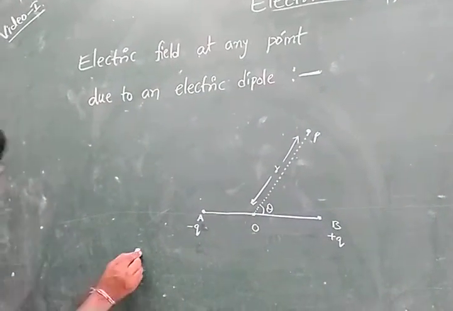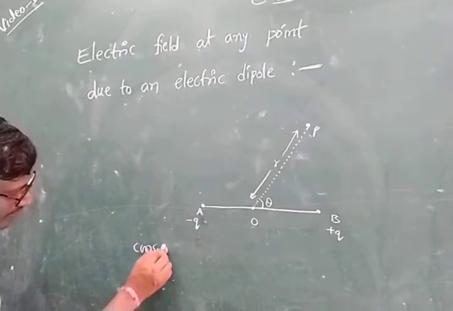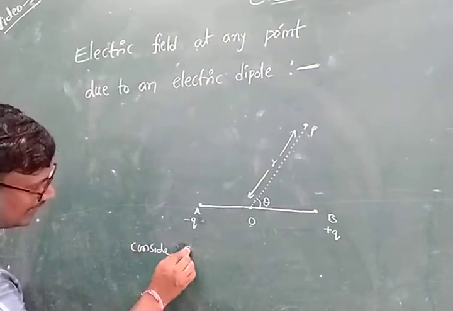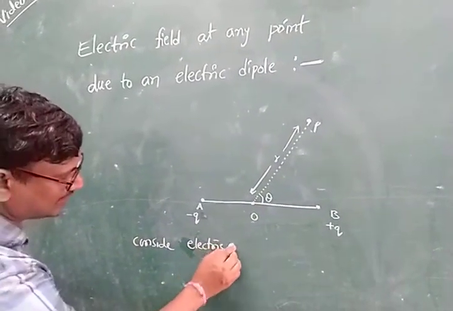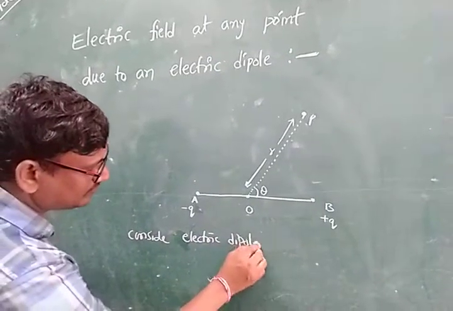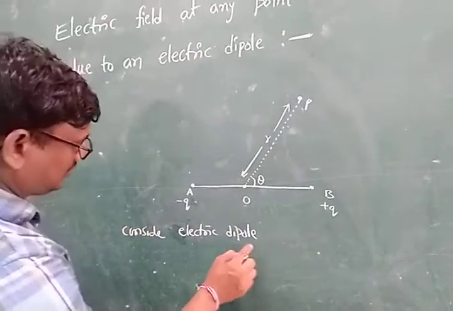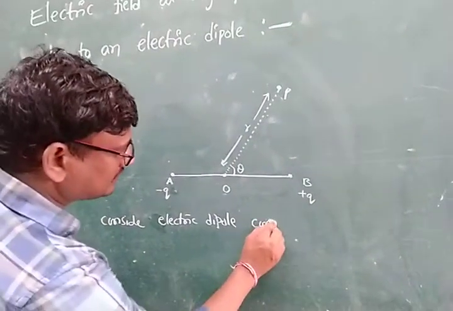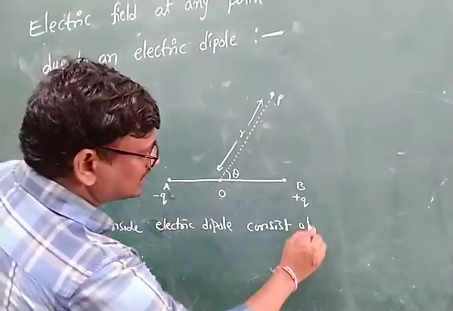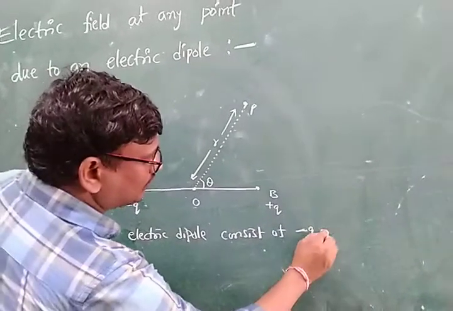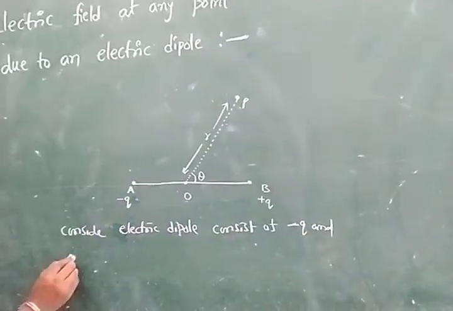Consider an electric dipole consisting of a negative and a positive charge.